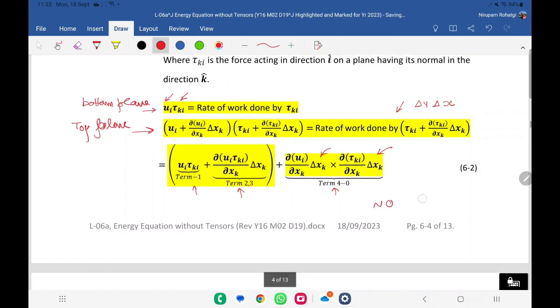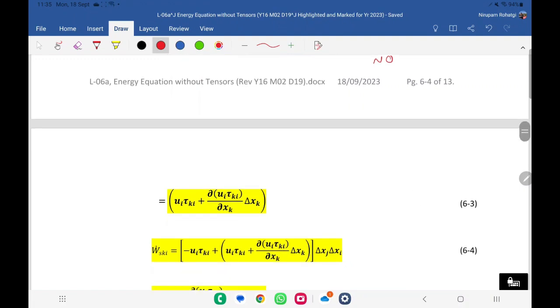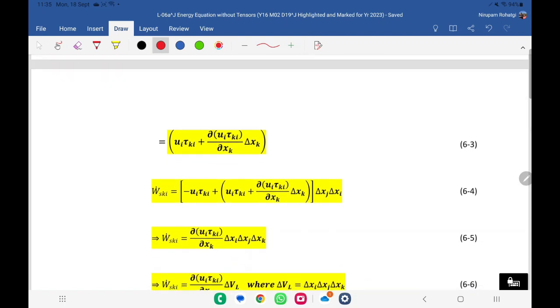Now when you subtract these two, because one will be the force working against and one will be working in, so one will be the work going in, one will be the work going out. The difference between the two will be, so this is one which is I think going in.